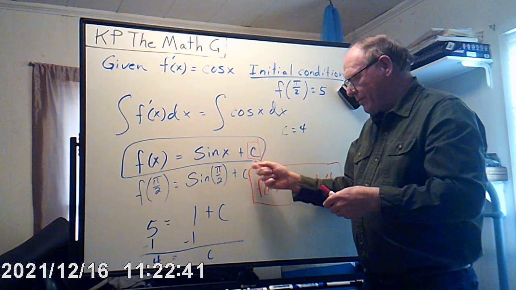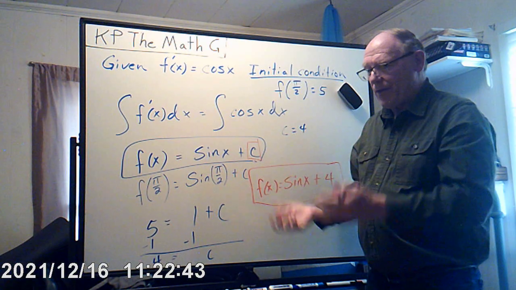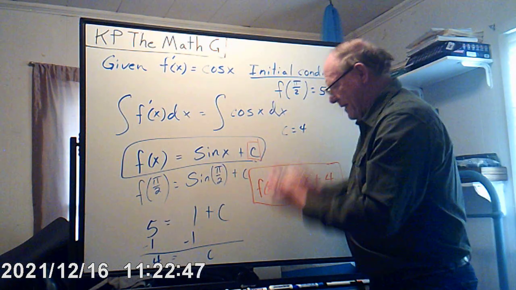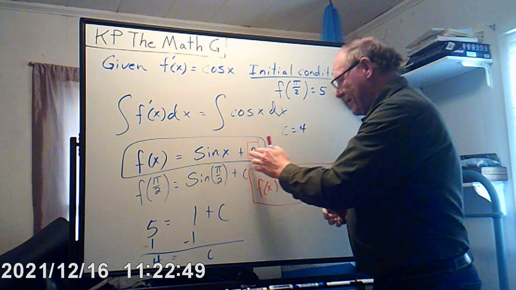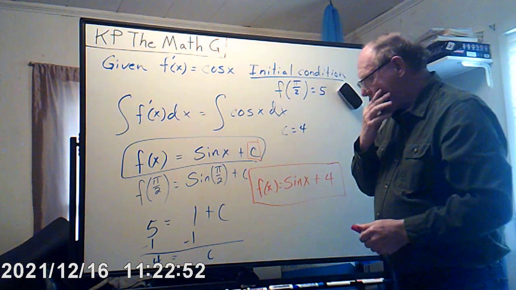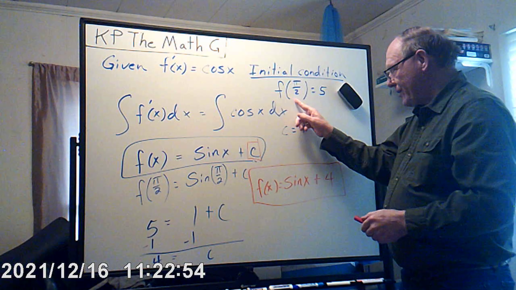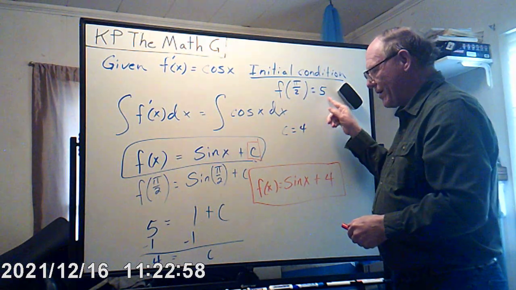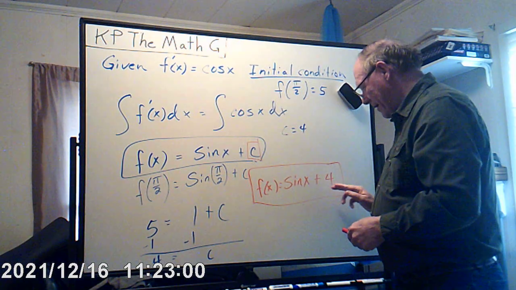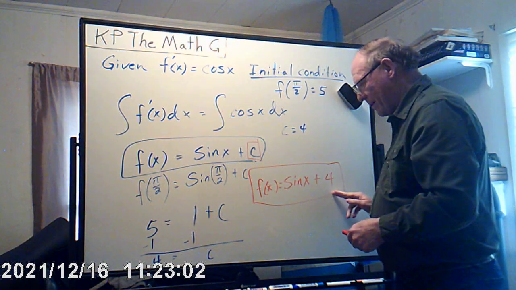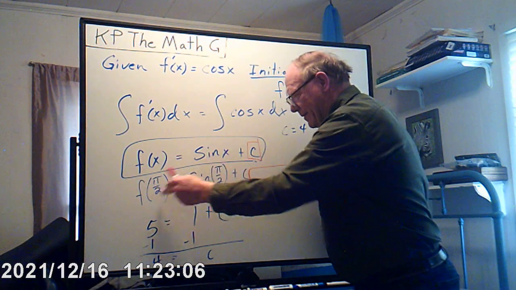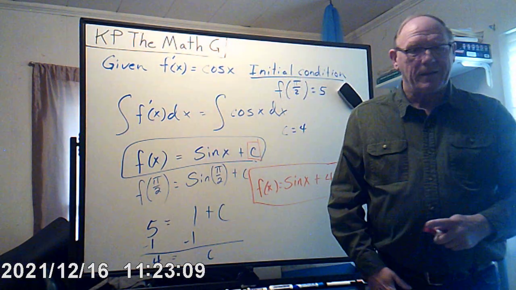C could be -1, -1.5, -2, -2 and 1/3, -16, whatever. But in this case, we have the initial condition, f at pi over 2 is equal to 5. With that condition, we come up with 4. Well, 4 plus 1 does equal 5, doesn't it?